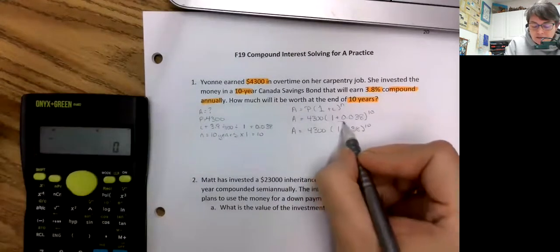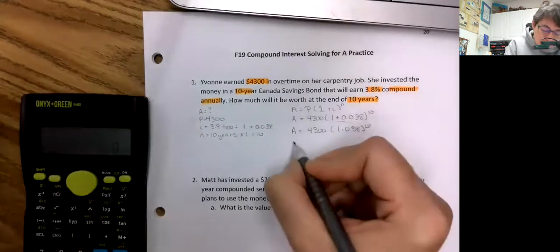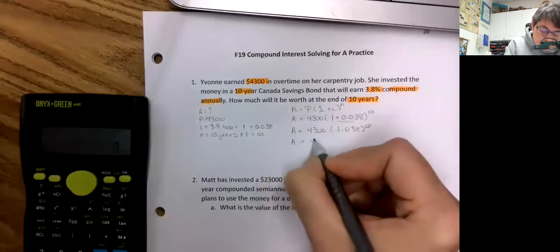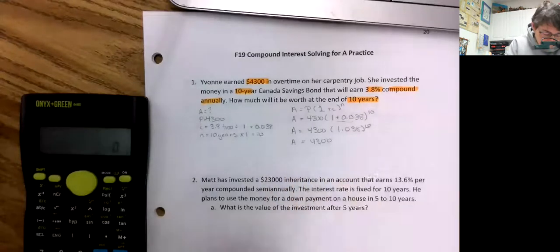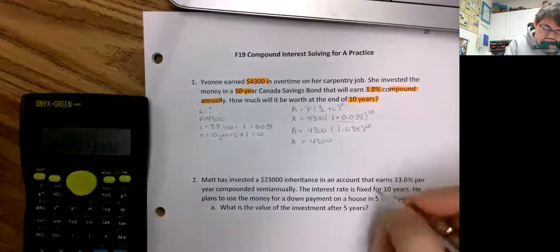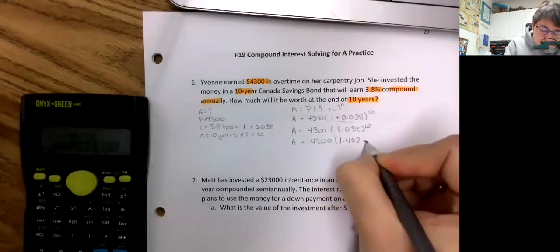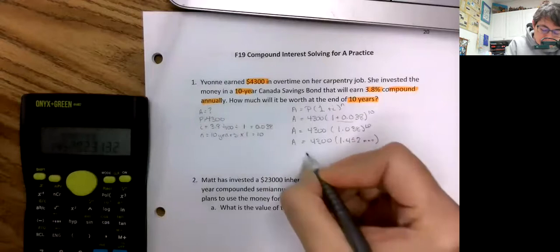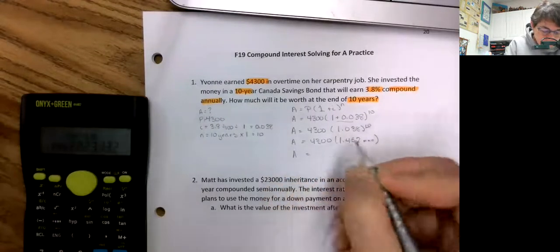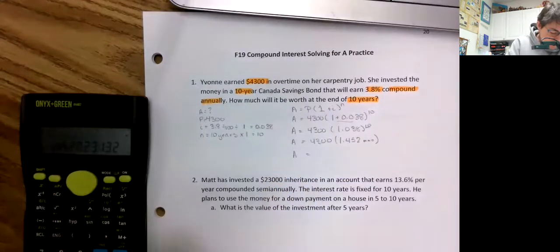So add together first. Now we worry about our exponent. 1.038 exponent 10 is 1.452, and then I multiply by 4,300.